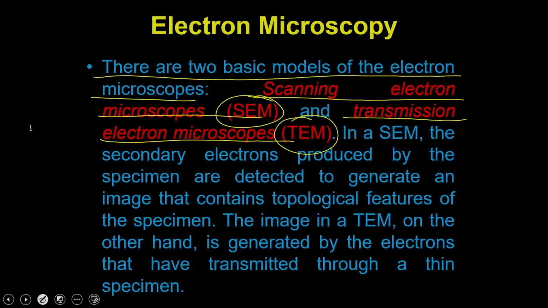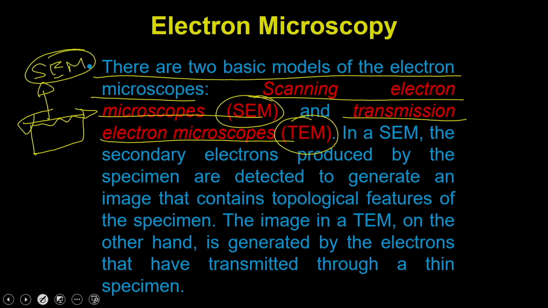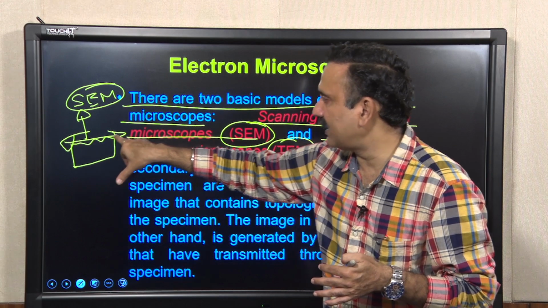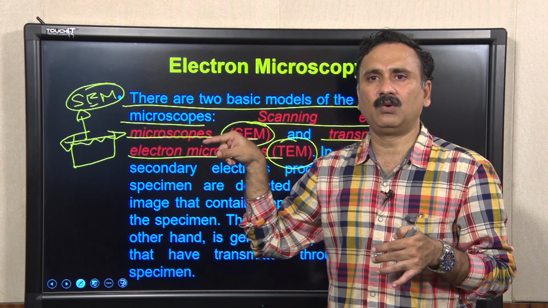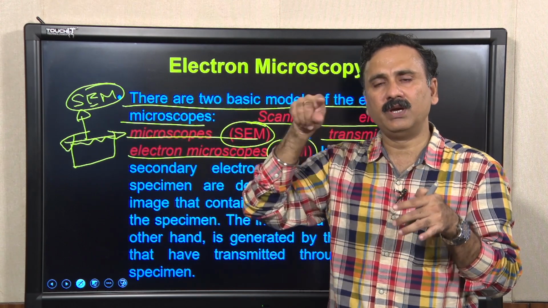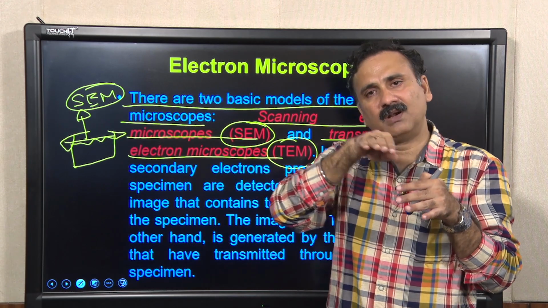So, if you have a sample, you can observe two things. One, how the surface of this particular object looks, and that you can do simply by looking at it with the SEM, the scanning electron microscope. The scanning electron microscope, as the name suggests, is going to scan the surface of that particular object, and that is how it gives you what the surface looks like.